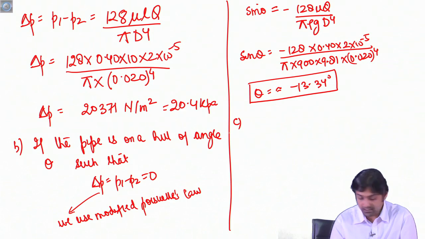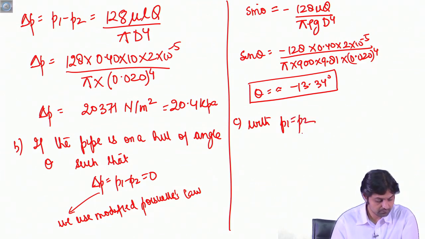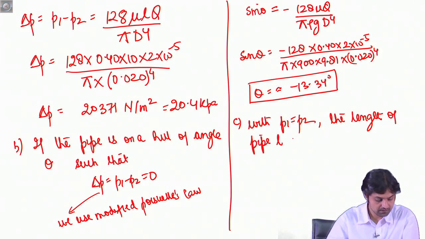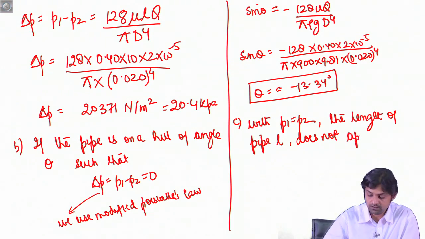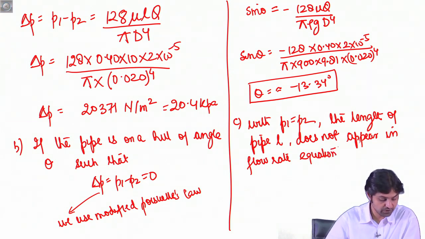Now the third part says that with P1 is equal to P2, the length of pipe L does not appear in the flow rate equation.